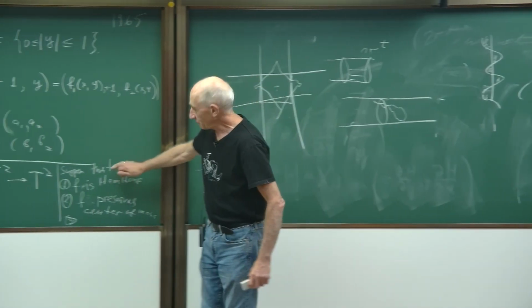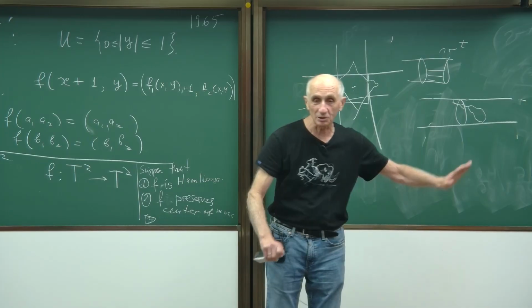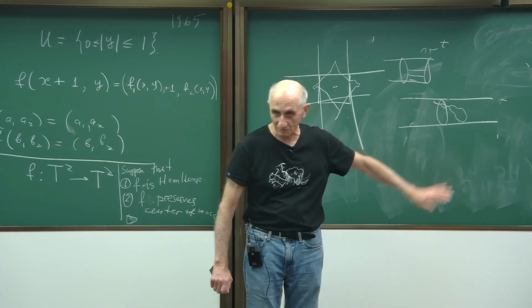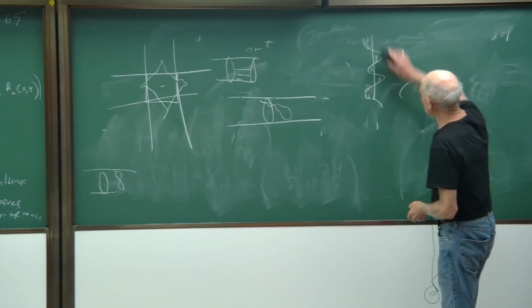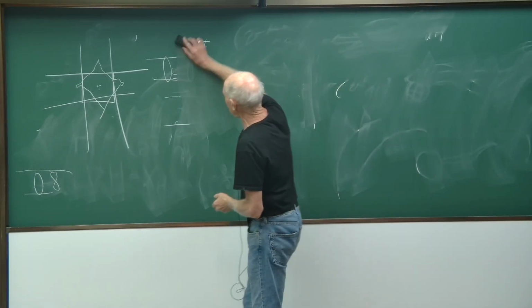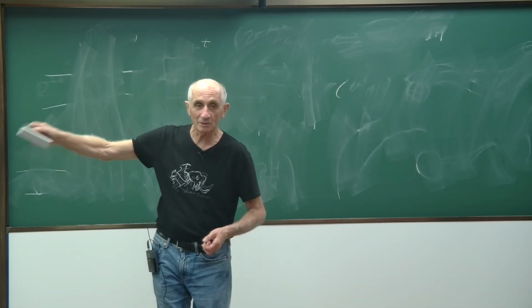Okay, so now, I will be using just the Hamiltonian definition, and we will be proving it with that. But first I want to explain how you reduce Poincare's theorem to this one.